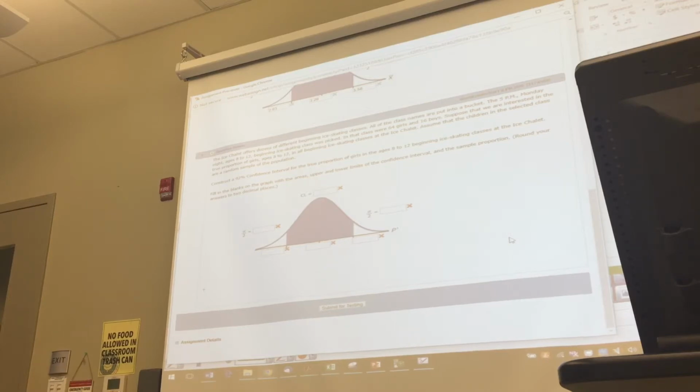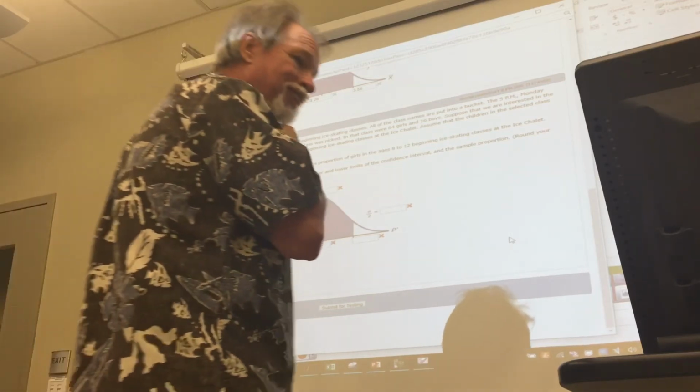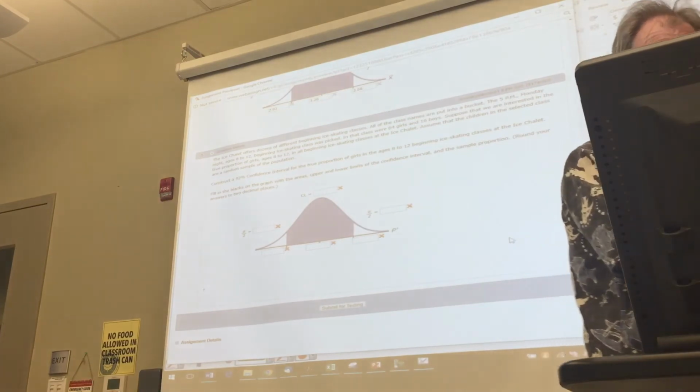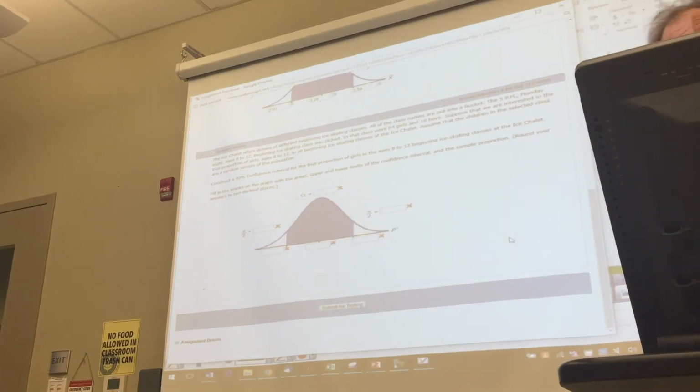If you get to something and they start talking about a proportion, you can attempt to read the book and do it. It's not that much harder. You should be able to do part of it even without doing this. What's the confidence level? 0.92, because they said a 92% confidence level, which means what's my alpha divided by 2?